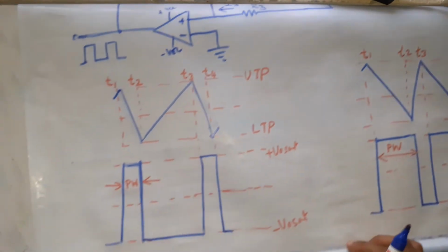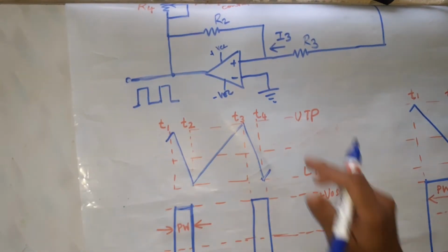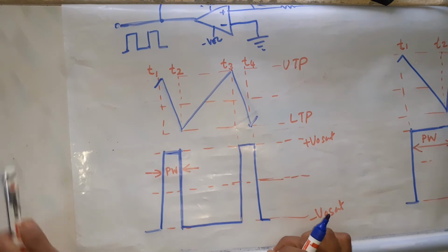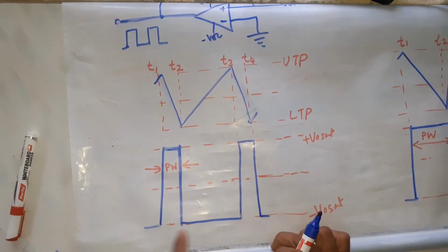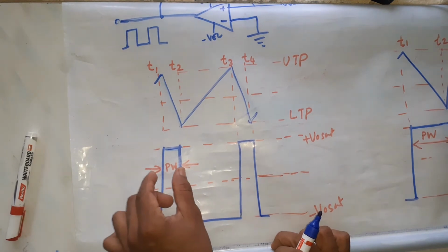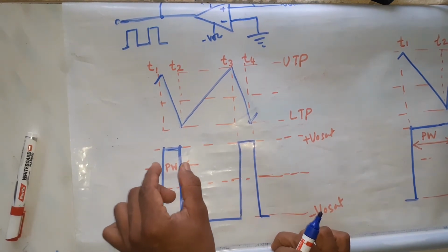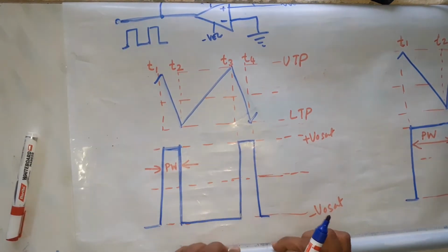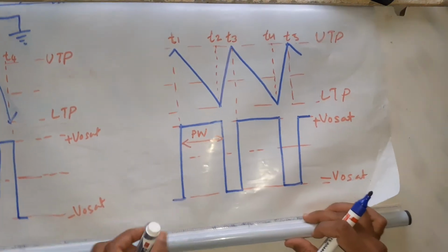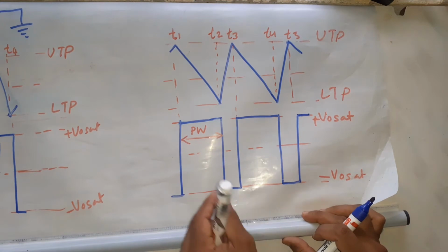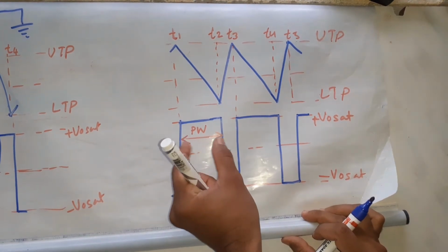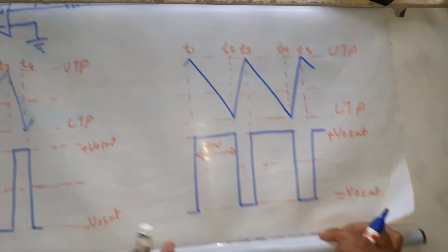Now, the first set of waveforms is for small duty cycle, because the T on time is short here. So this will produce a small duty cycle. This is for large duty cycle, because here the T on time period is large.